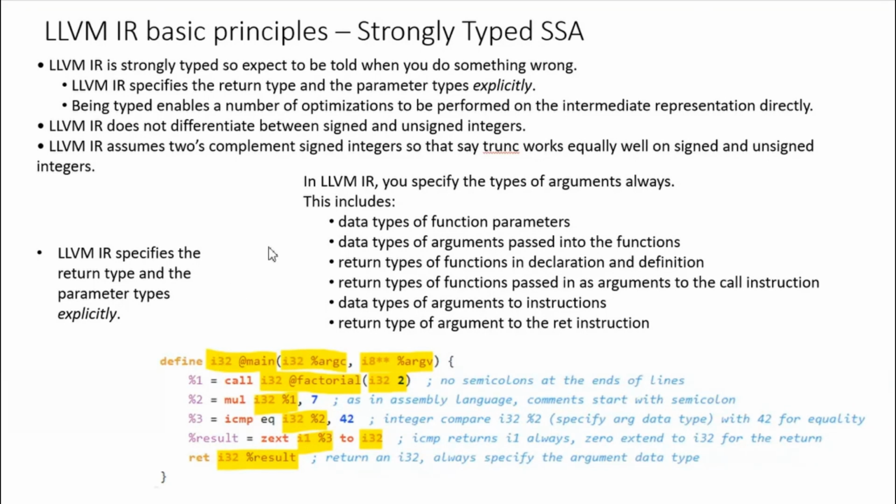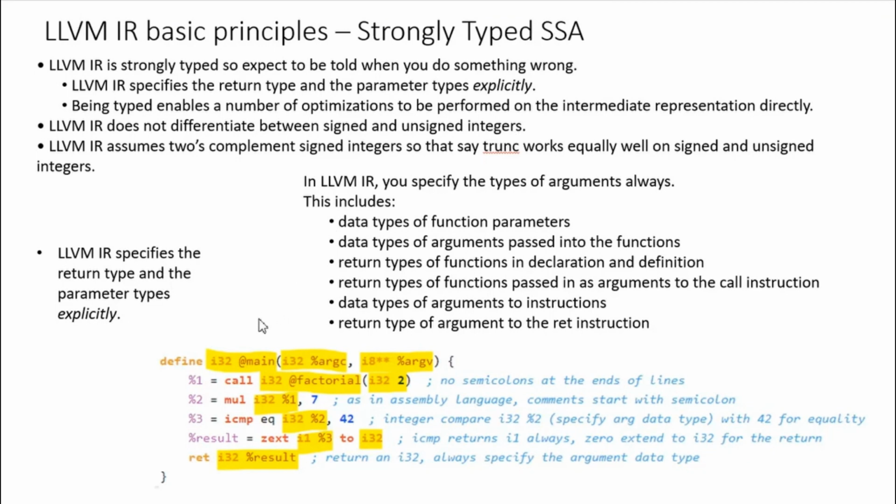Being typed enables a number of optimizations to be performed on the intermediate representation directly. Another useful thing to note is that LLVM intermediate representation does not differentiate between signed and unsigned integers, which we will go over later.